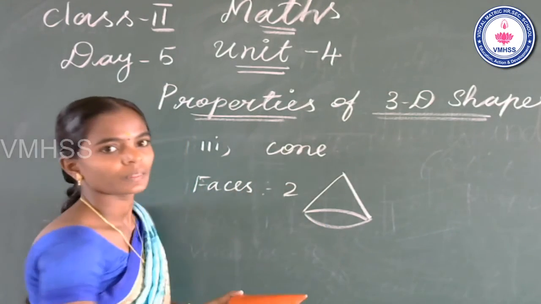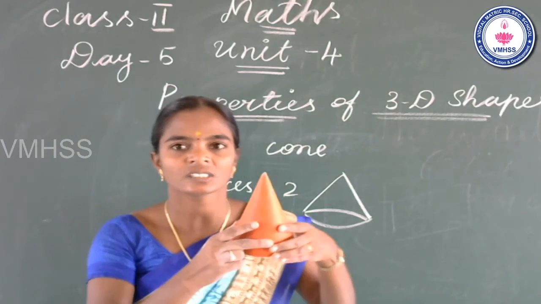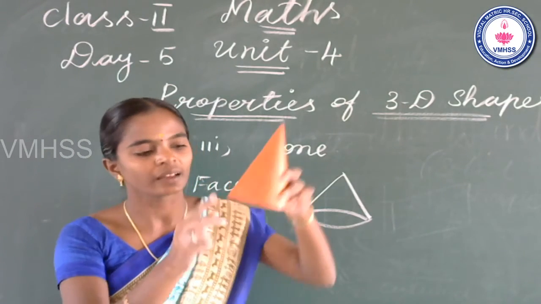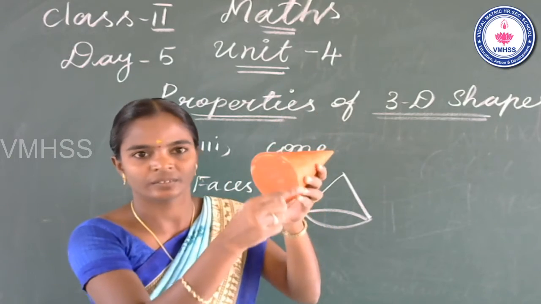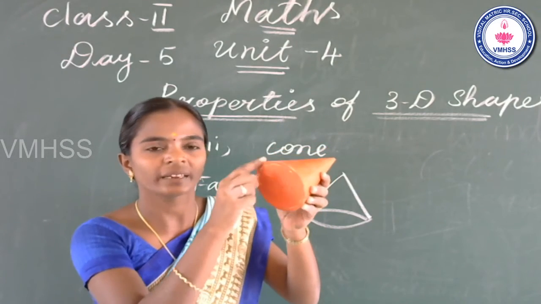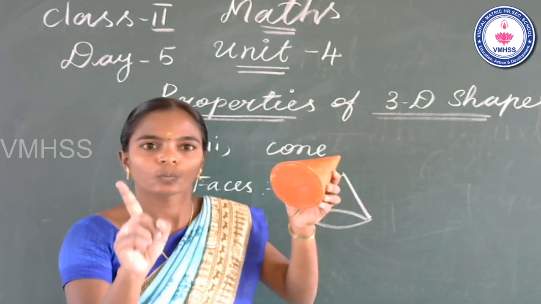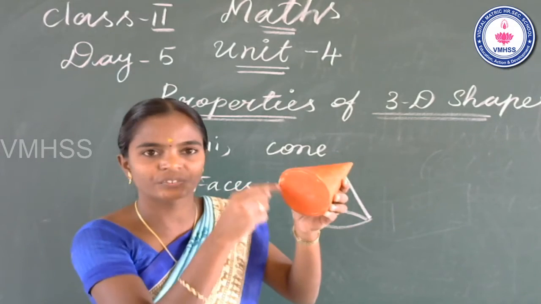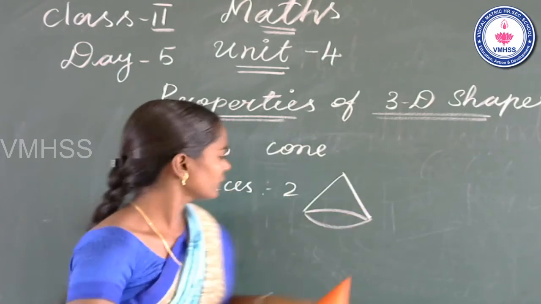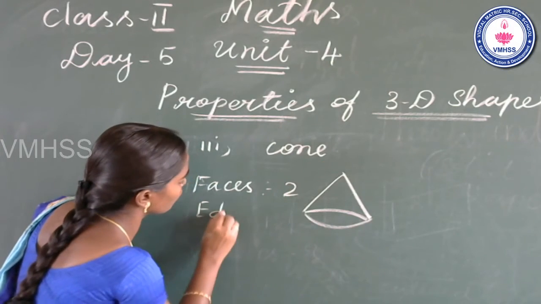Faces 2. Next is edges. Edges means sharp lines. So this edge. How many edges in a cone? 1. So this edge. Edge is 1.